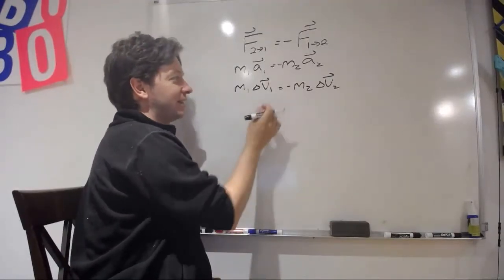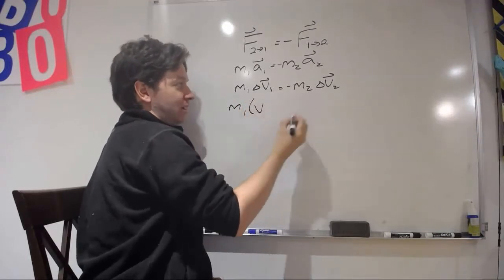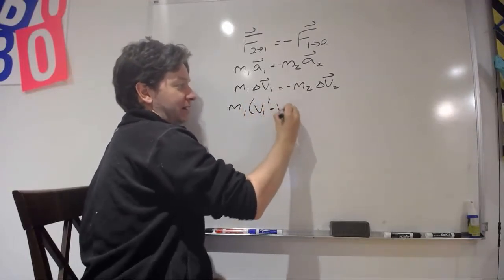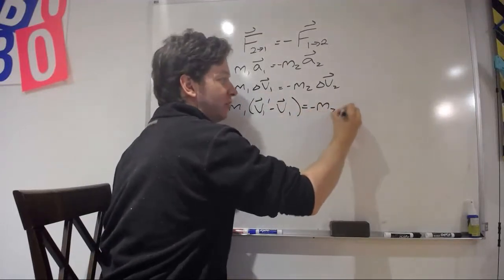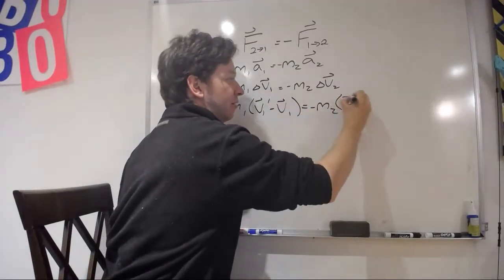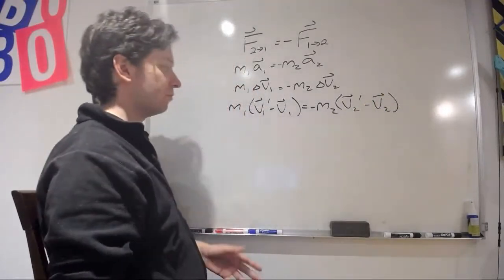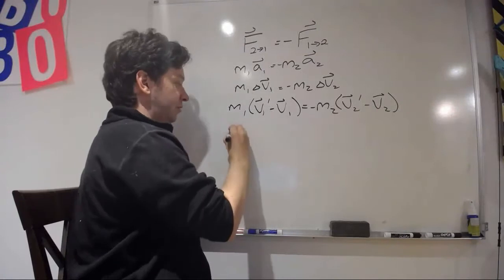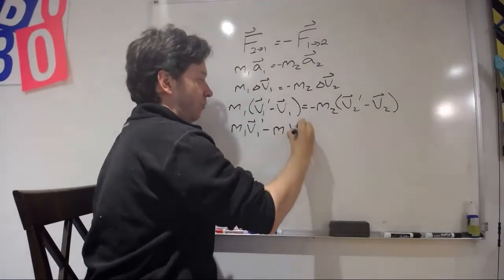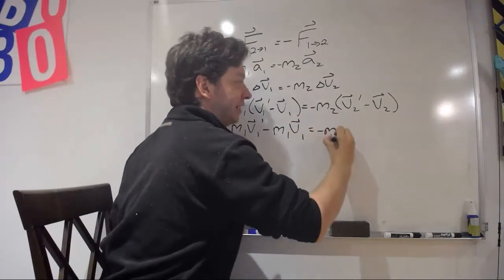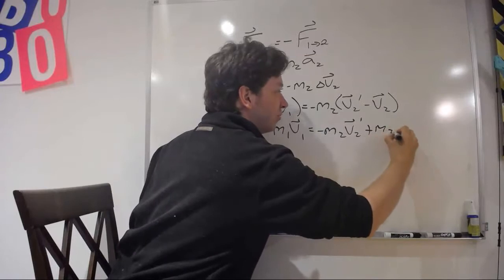Now let's expand this a bit, because this is change in velocity. So m1 times final minus initial equals minus m2 times final minus initial. And now I'll just distribute. So we have m1 v1 prime minus m1 v1 equals minus m2 v2 prime plus m2 v2.